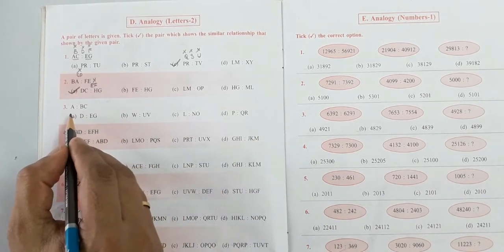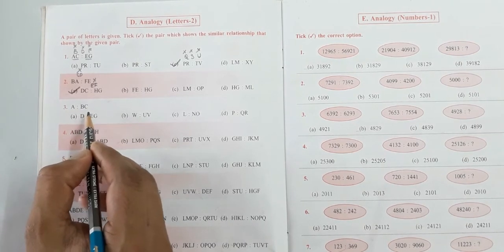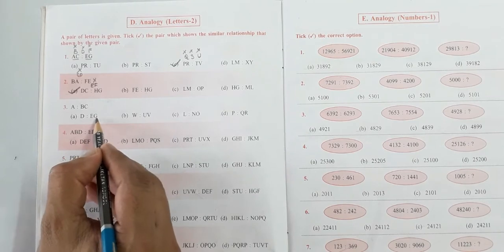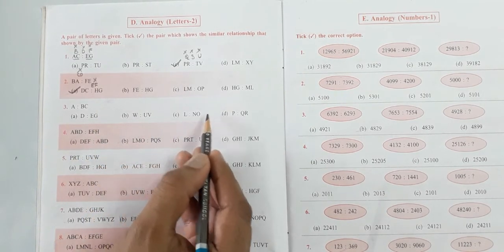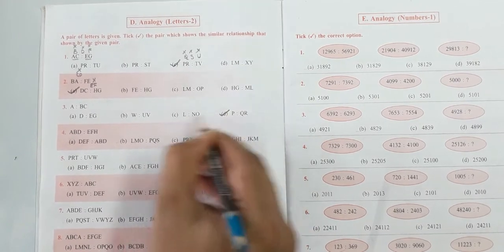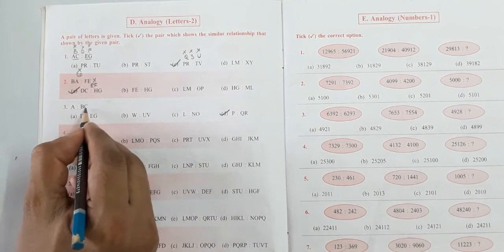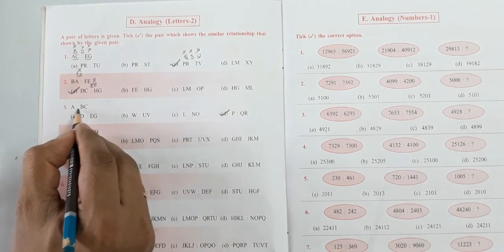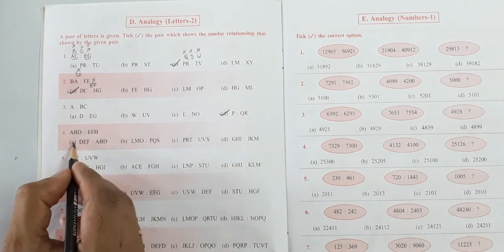Okay, it's very clear they are in sequence A, B, C. Like that we have to check. D, E, no. W, U, V, no. L, no. P, Q, R. Okay, because U, V, W, whereas they gave in reverse order, but the sequence is in the direct same way. So P, Q, R. Next, look at the fourth one.